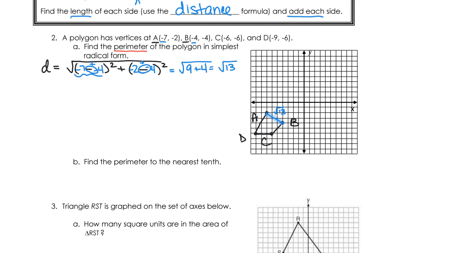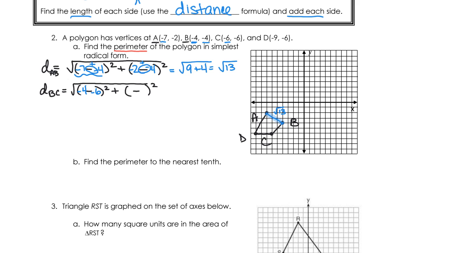Next up, that was AB. We'll keep track of them. Now we have to do the distance of BC. We'll grab the X coordinates from B and C, so that's -4 and -6.